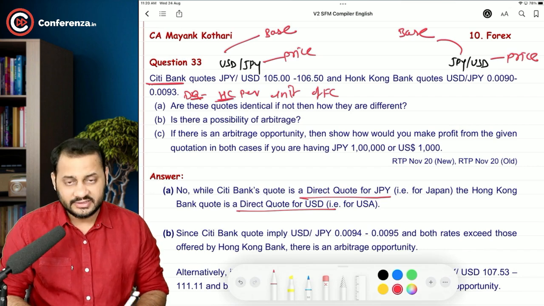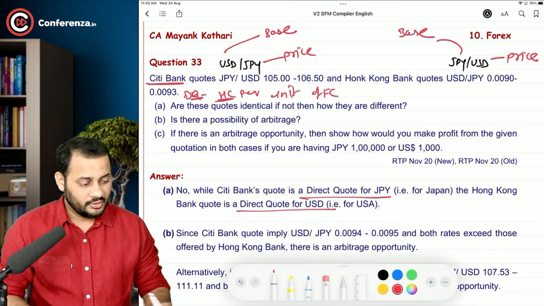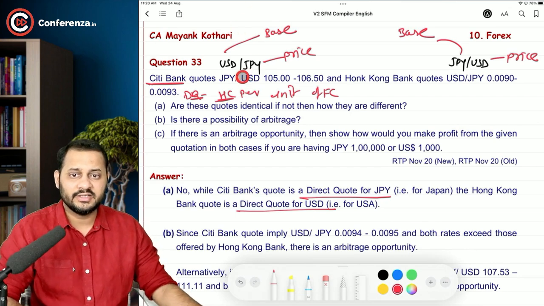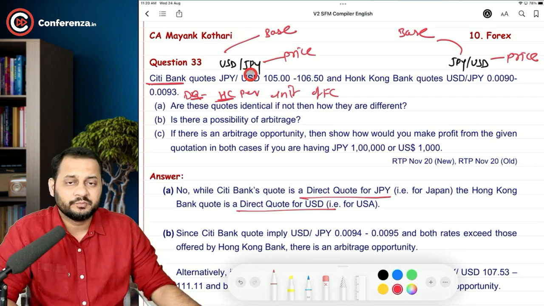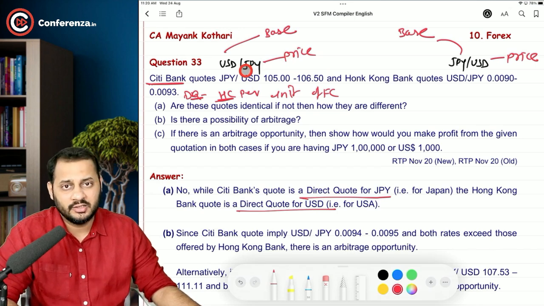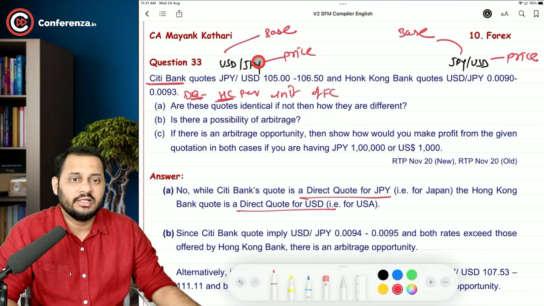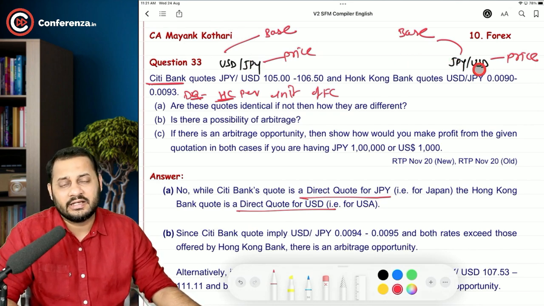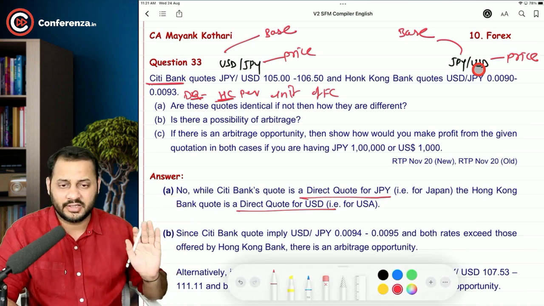So home currency is the price currency in a direct quote. In this quote, we can clearly say that Japanese yen is the price currency. So this quote is direct for Japan and indirect for USA. This quote is direct for USA and indirect for Japan. So both the quotes are different, and they are not identical, practically speaking.